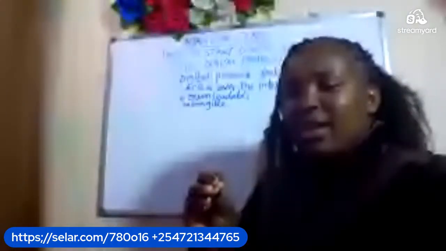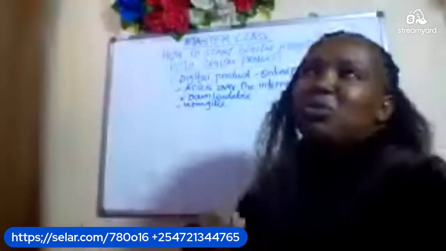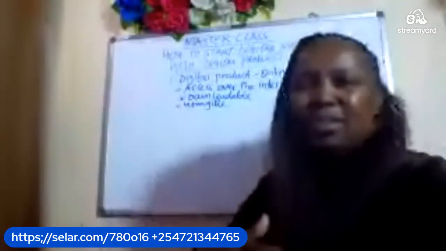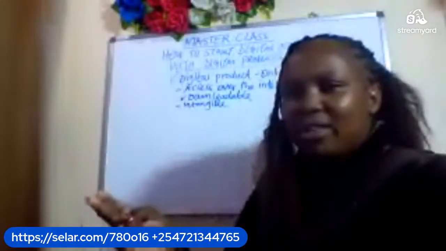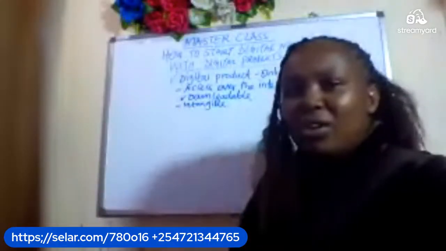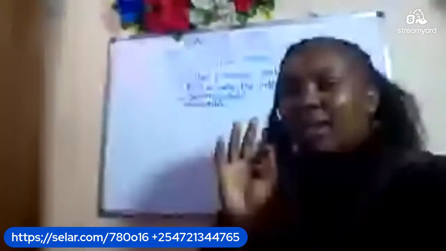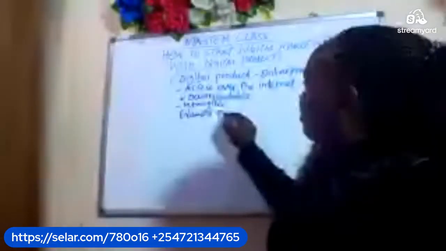And then they put it in your Android phone, or maybe they send it to your email, or they just save it in your gadget, maybe to your phone or to your laptop. That is a very simple example of a digital product. That a digital product can be in form of a PDF.